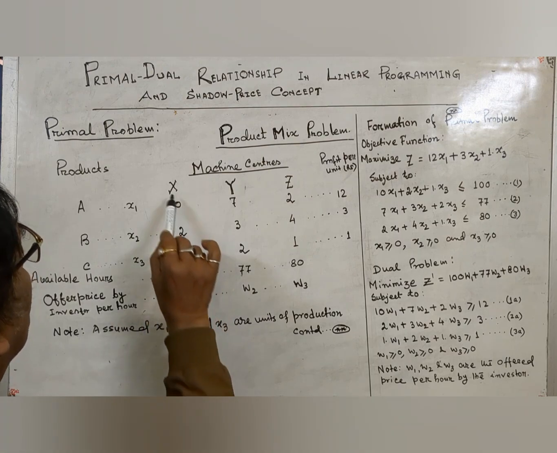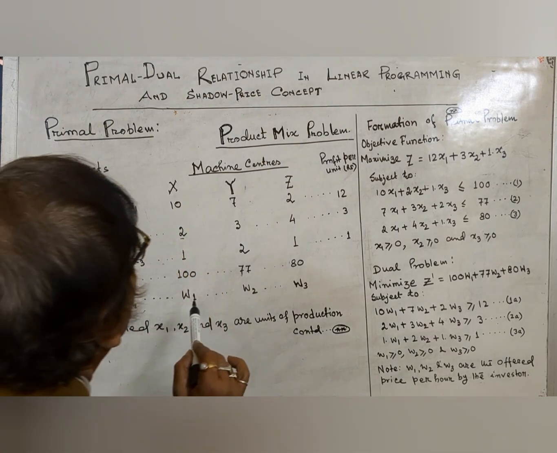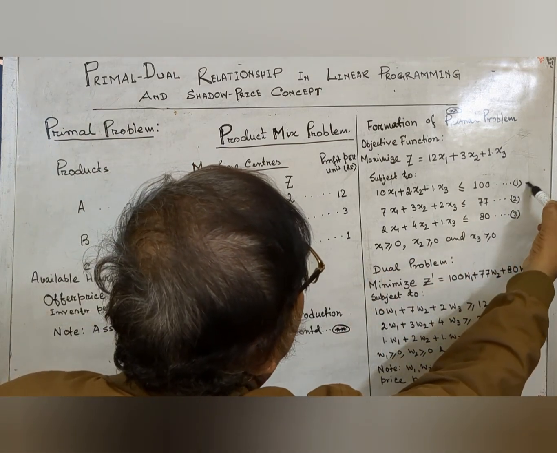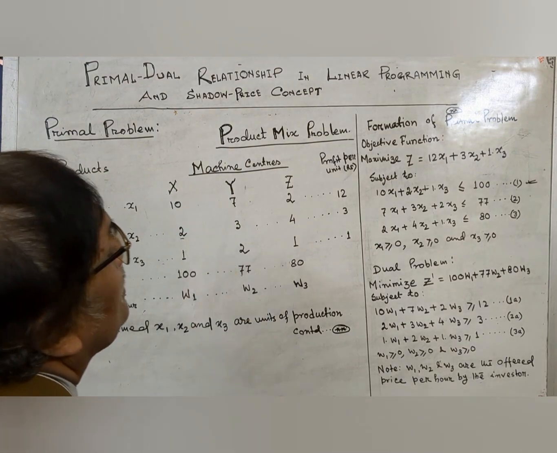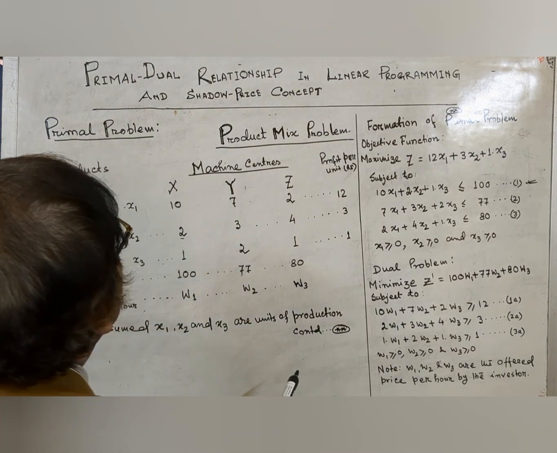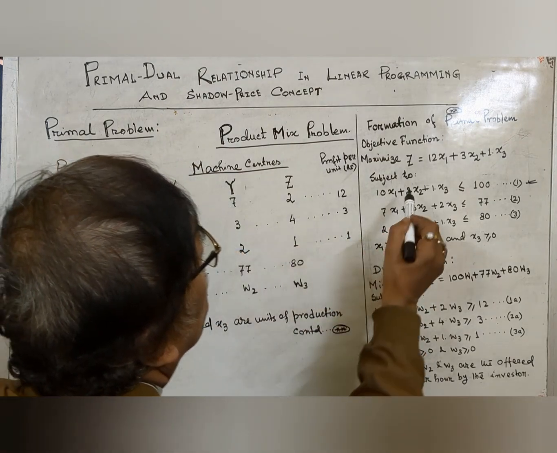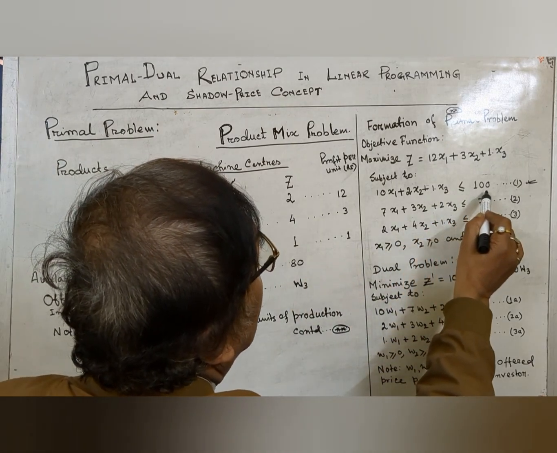This is the total hours required for producing x1, x2, and x3 units. It must be less than or equal to 100 hours. That is why this constraint is written for the grinding section, or center X: 10x1 plus 2x2 plus 1x3 less than or equal to 100.